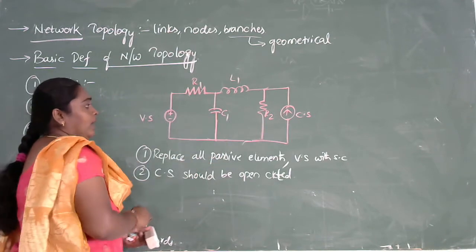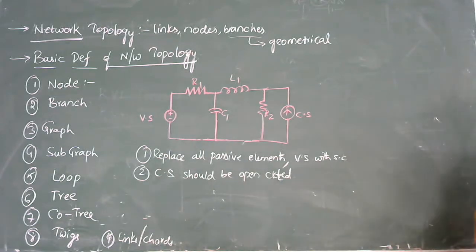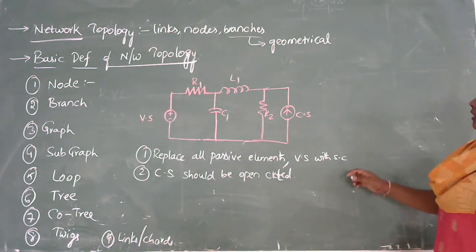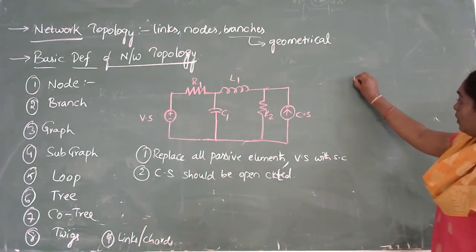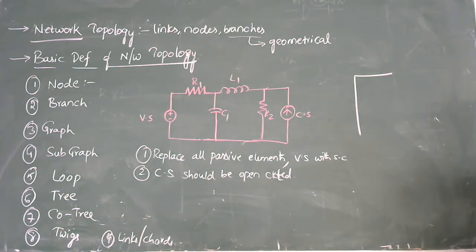Now I am converting this circuit into a graph. As I have told you, the voltage source should be a short circuit. The resistor is also a passive element, that is the reason I short circuit it. I make the capacitor a short circuit, the inductor is also short circuited, resistor R2 is also short circuited, and the current source should be an open circuit.